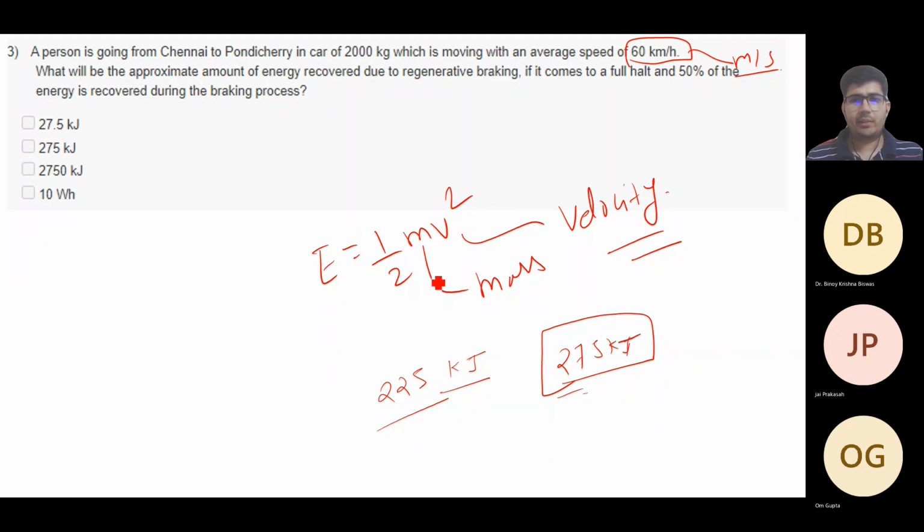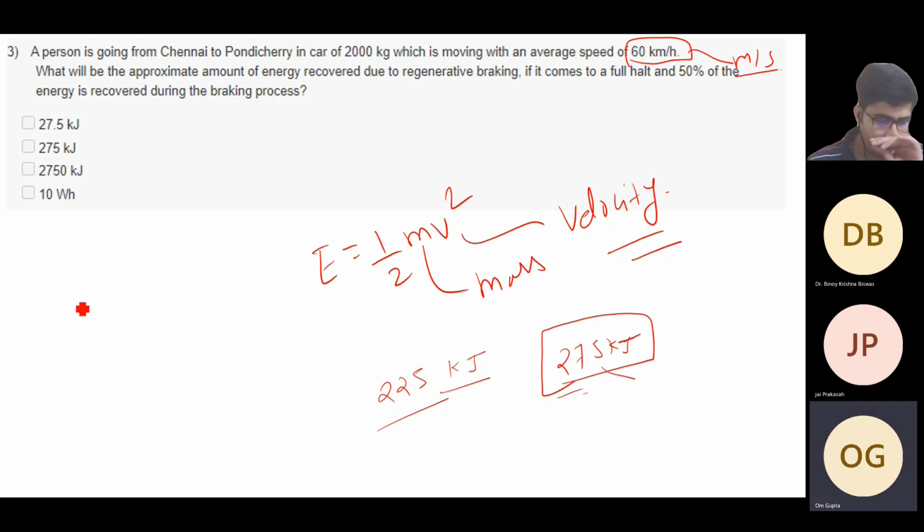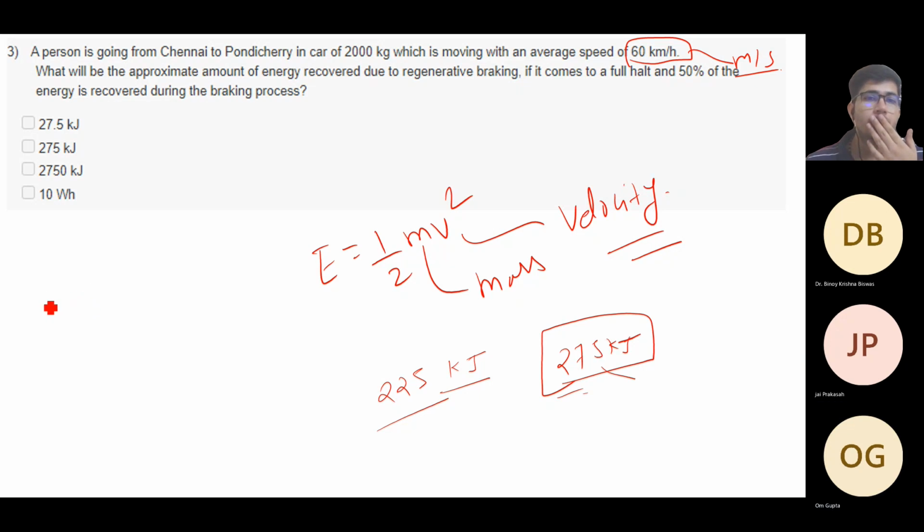Do you have the exact answer or just the answer nearest to it? I think it is something nearest to it. 16.67. What is the exact value you are getting? Please tell me. 277.